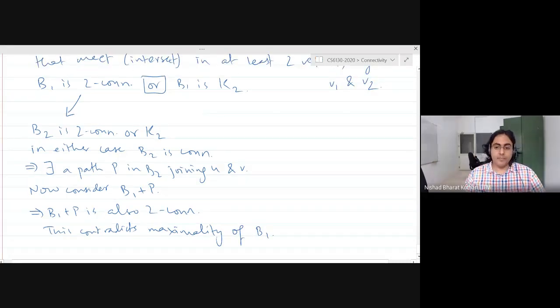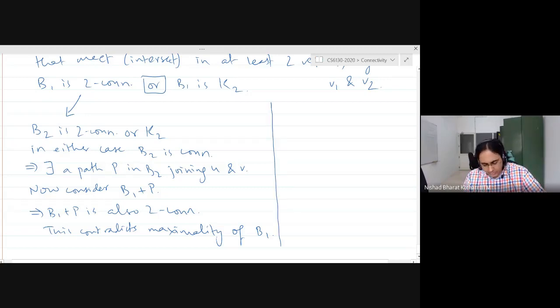Does everybody follow this part? We have a two connected graph. We are adding an open ear to it. We must get a bigger two connected graph, but that would contradict the maximality of the original two connected graph, B1. I would actually say this is a simpler proof than what I had in mind. Given that we have already spent so much time on ear decompositions, this is much easier to follow, I think.